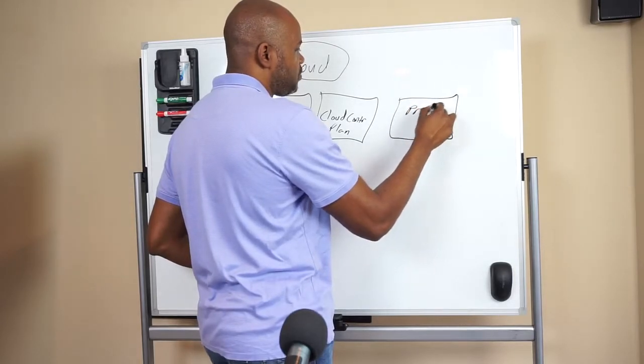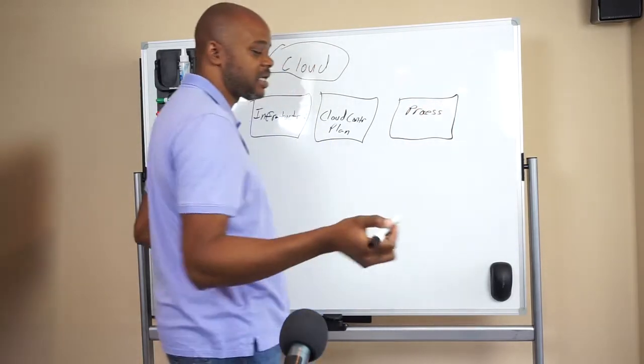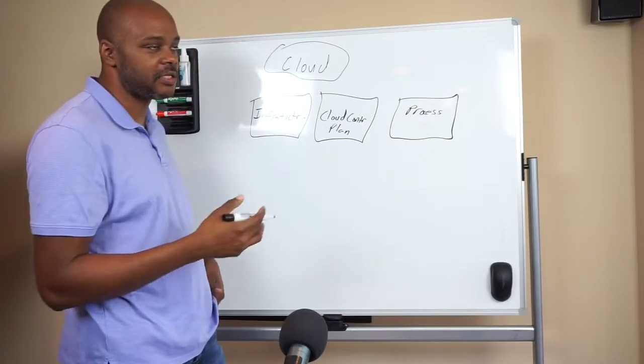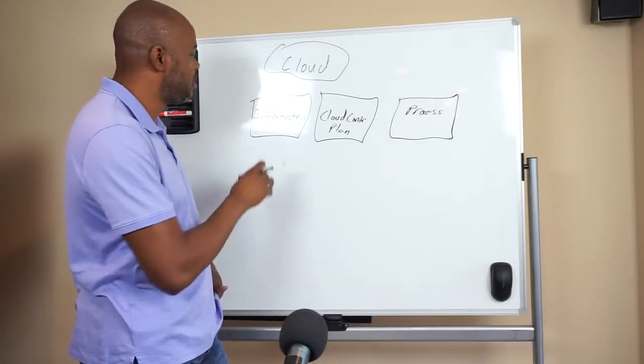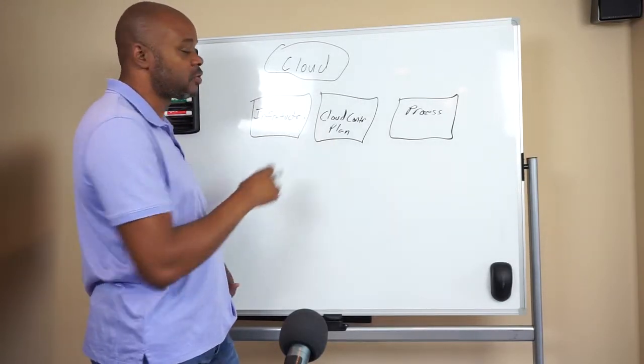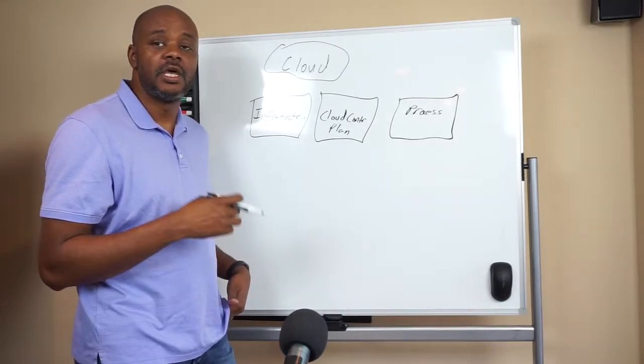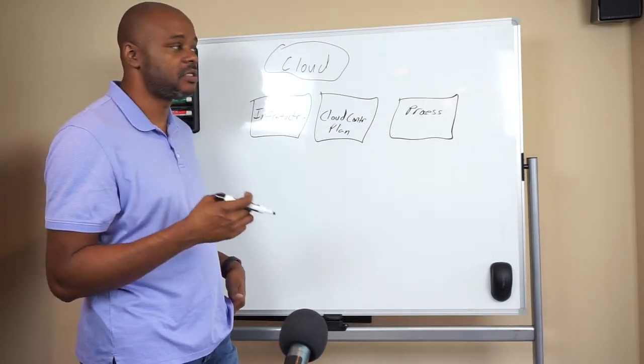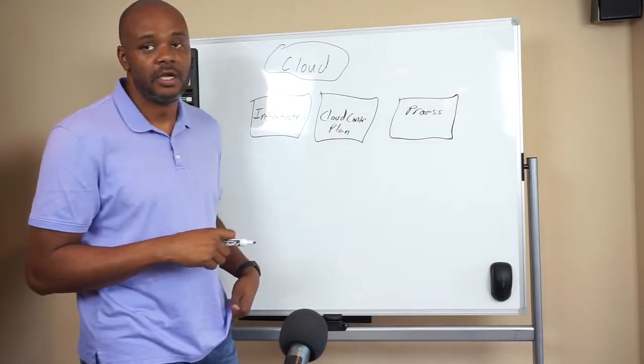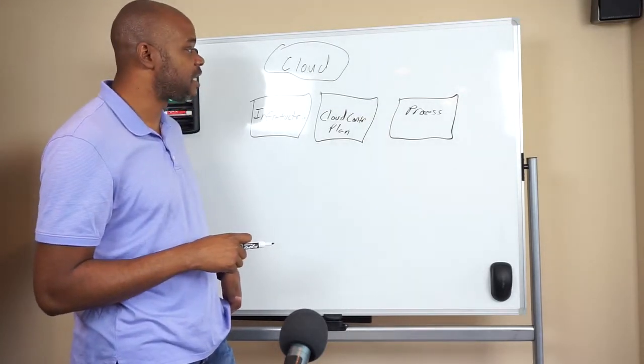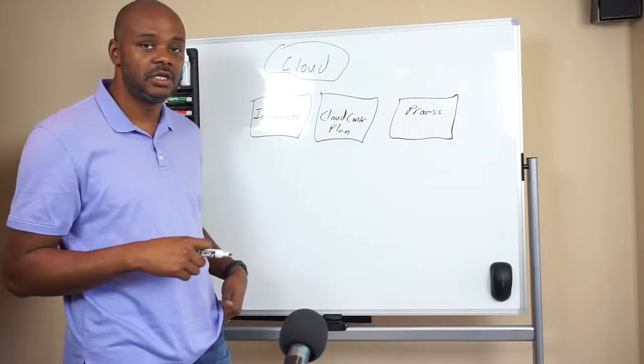And for processes, we're going to assume people, process, technology. So infrastructure and the cloud control plane are the technology, and for people and processes, we're going to map that in my definition into the process portion of our conversation.